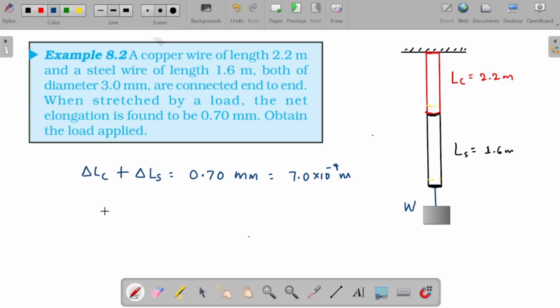So no matter whether we are talking about the tensile stress in the copper wire or in steel wire, these two should be the same. And then we can write this tensile stress is nothing but Young's modulus of copper wire into strain in copper wire equals Young's modulus of steel wire into strain in steel wire.